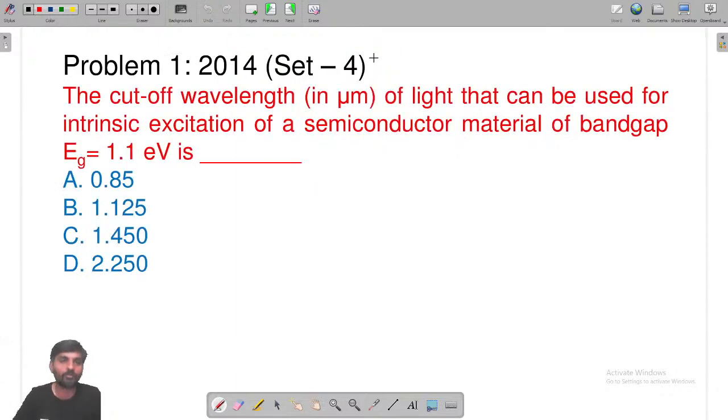So, we'll see one problem which came in 2014, set number 4. The cutoff wavelength in micrometers of light that can be used for the intrinsic excitation of a semiconductor material of band gap Eg equal to 1.1 electron volts.